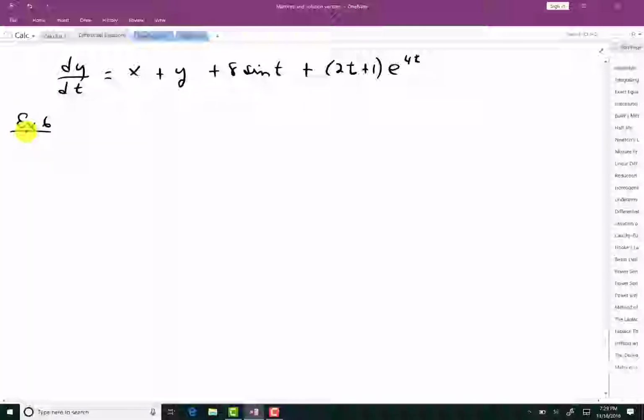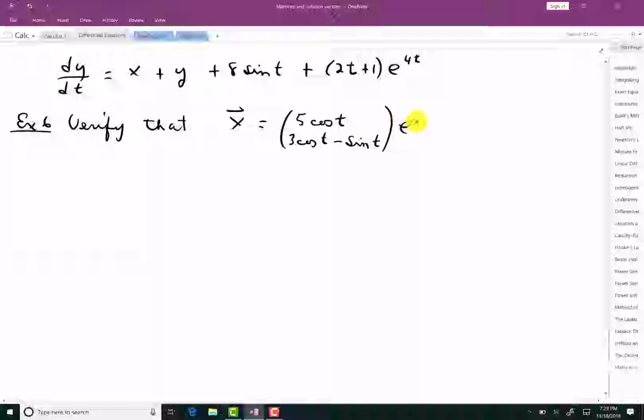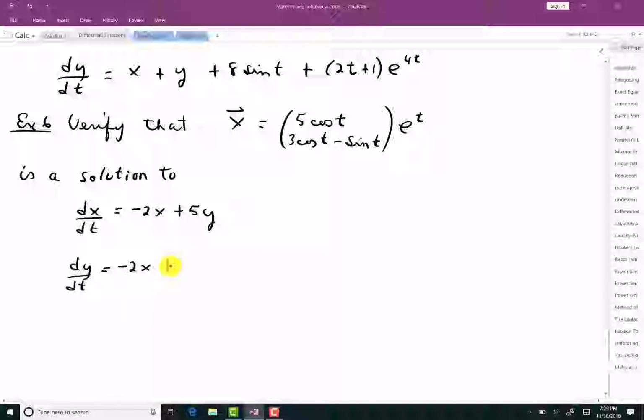Now let's take a look at some equations and verifying solutions. So verify that x arrow, which equals 5 cosine of t, 3 cosine of t minus sine of t, all of that stuff, times e to the t, is a solution to dx over dt equals negative 2x plus 5y, dy over dt equals negative 2x plus 4y.